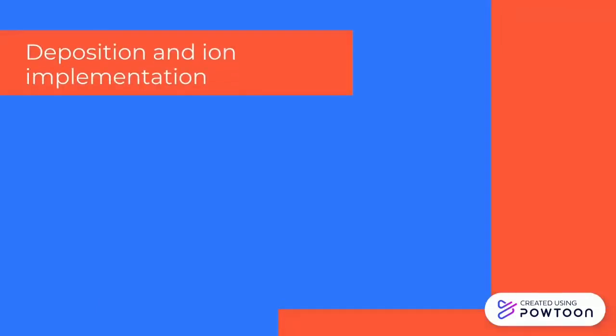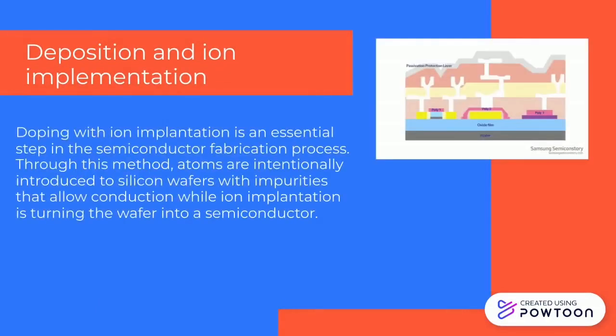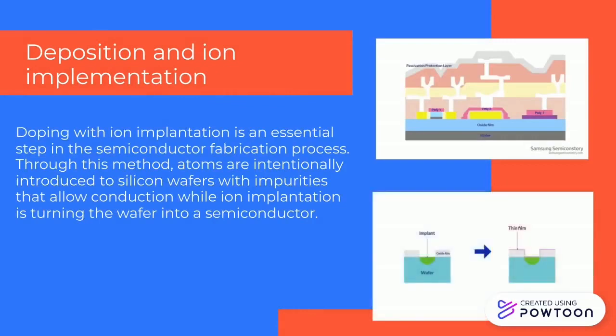Deposition and ion implantation. Doping with ion implantation is an essential step in the semiconductor fabrication process. Through this method, atoms with impurities are intentionally introduced to the silicon wafer, while ion implantation turns the wafer into a semiconductor.